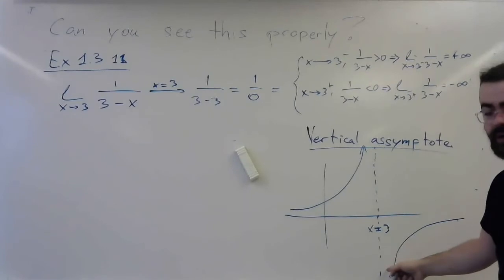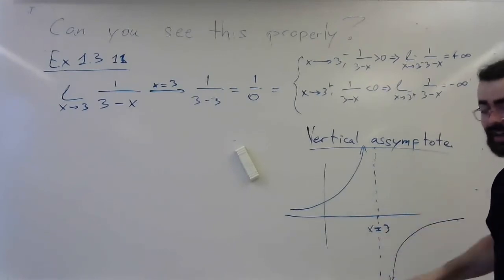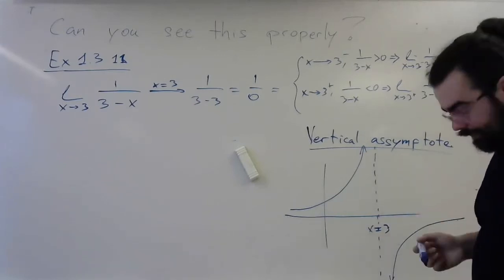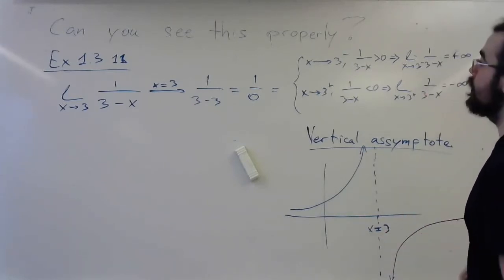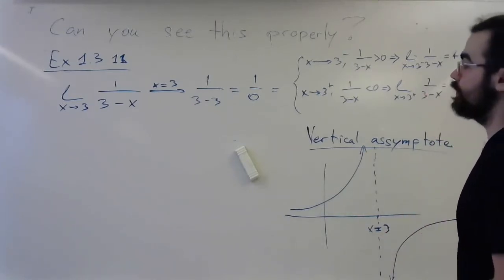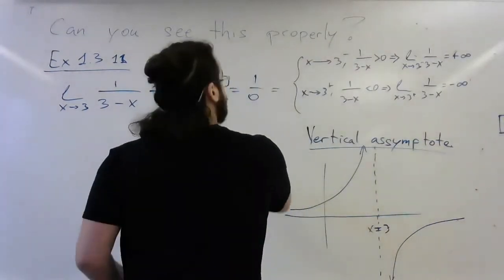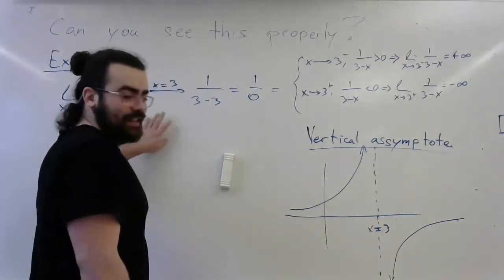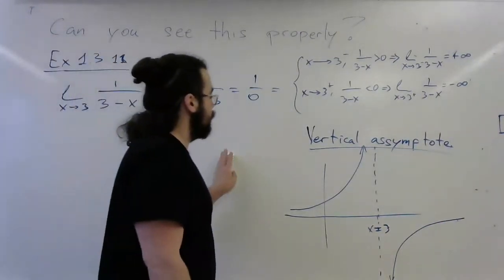And it gets closer and closer to this vertical line. This is what a vertical asymptote is. Okay, so there was actually a ton to this apparently simple thing, isn't it?